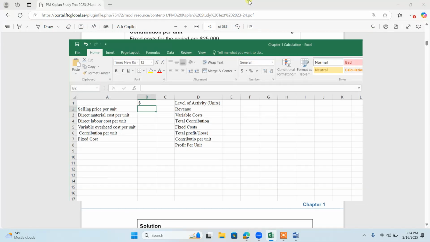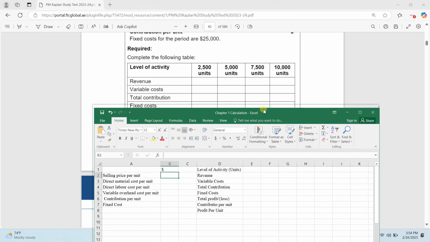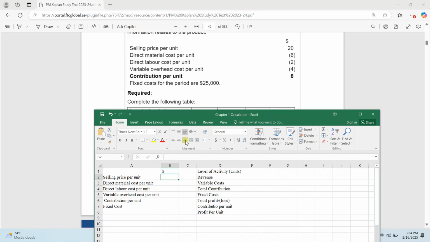I need the information. What is the selling price? It is 20. What is the material cost per unit? 6. Direct labor cost is 2. And the variable overhead is 4. Fixed cost is 25,000.